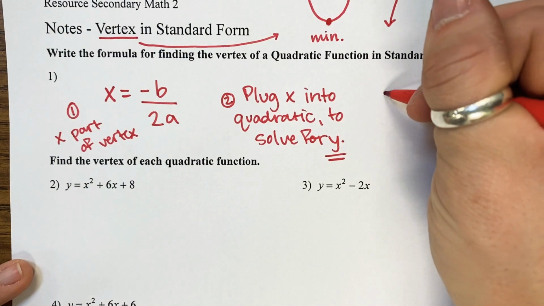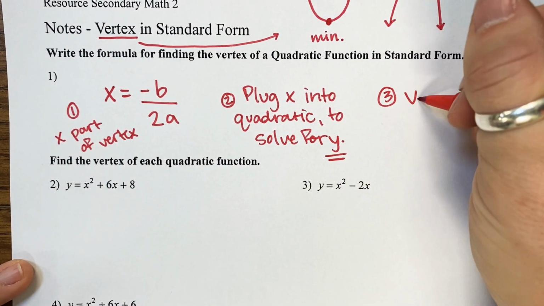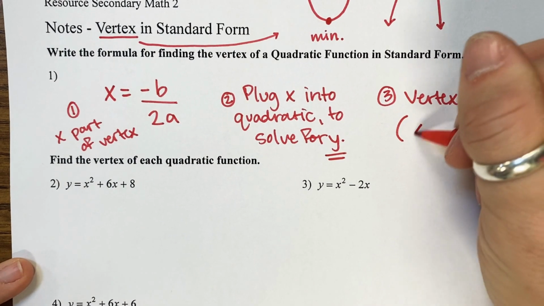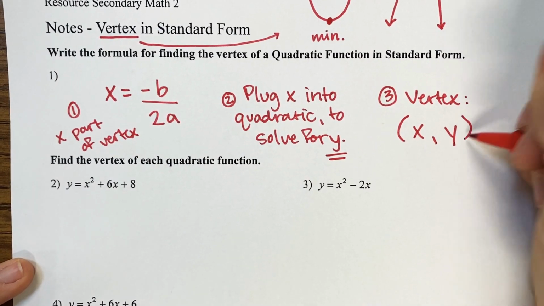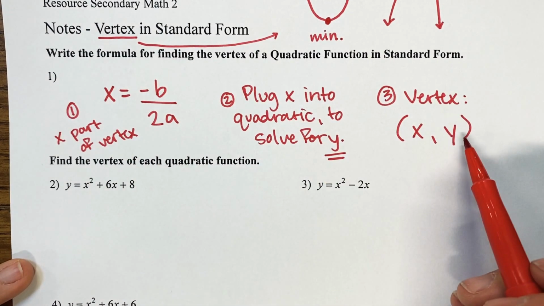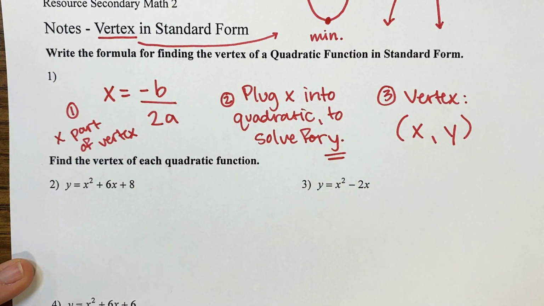And our very last step is we will have our vertex, which is a coordinate point, parentheses x, comma, y. Found our x using our baby formula. We found our y by plugging x into the quadratic.